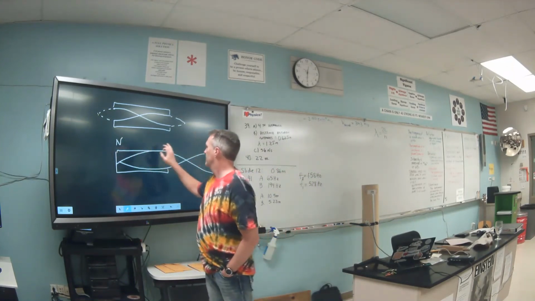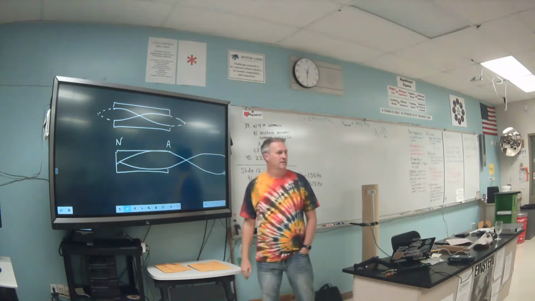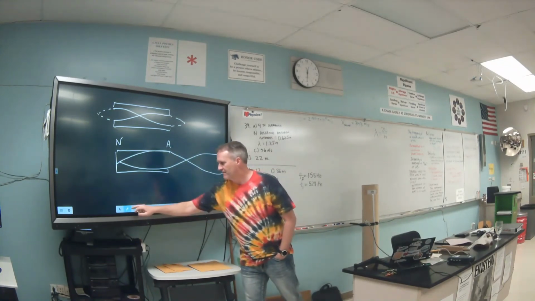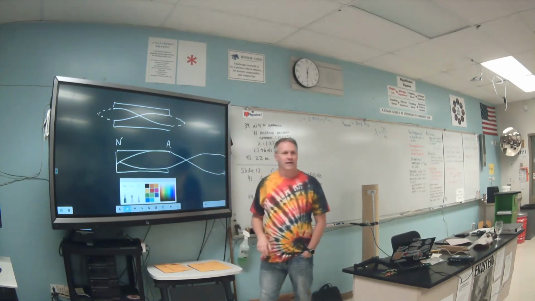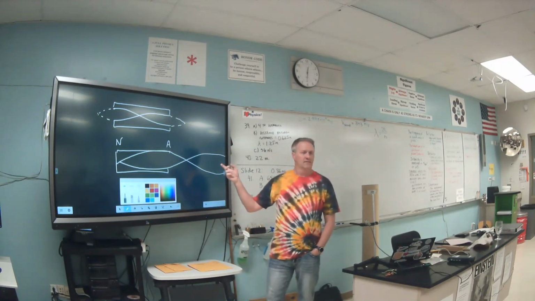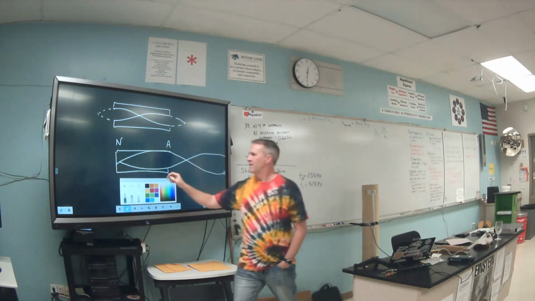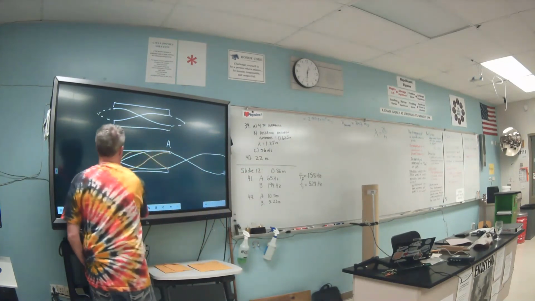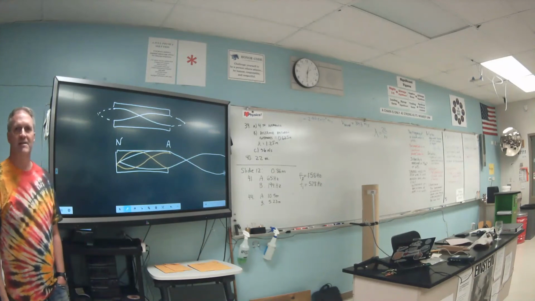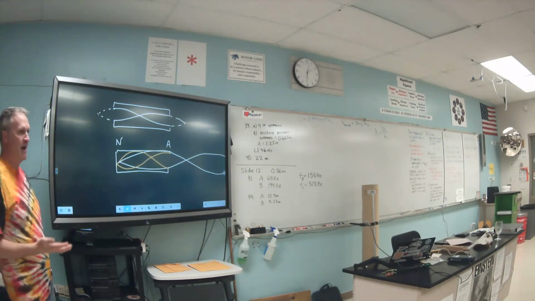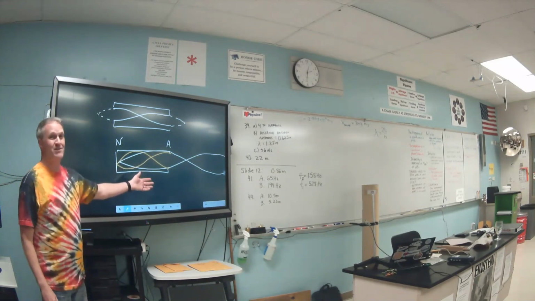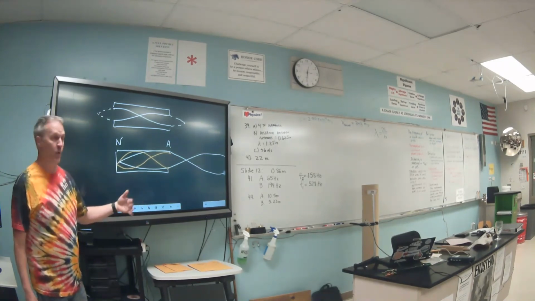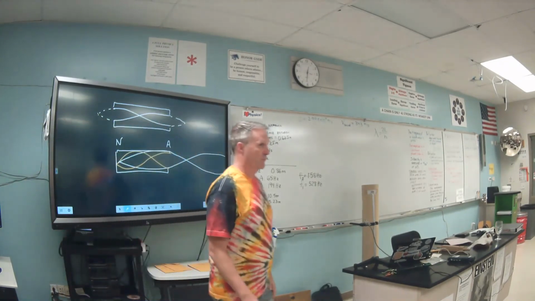This is a node over here. This is an antinode right here. What's weird is the next one that would resonate inside of there isn't just like here. The next one that'll resonate looks like this. That's actually a half step over from a quarter, so that's like 3/4 of a wave. The next one will be 5/4 of the wave. The next one will be 7/4 of a wave.